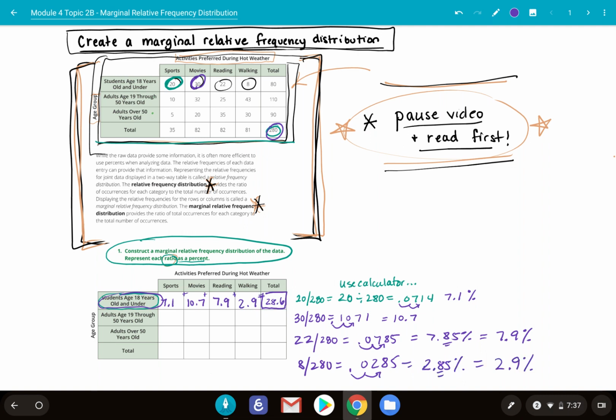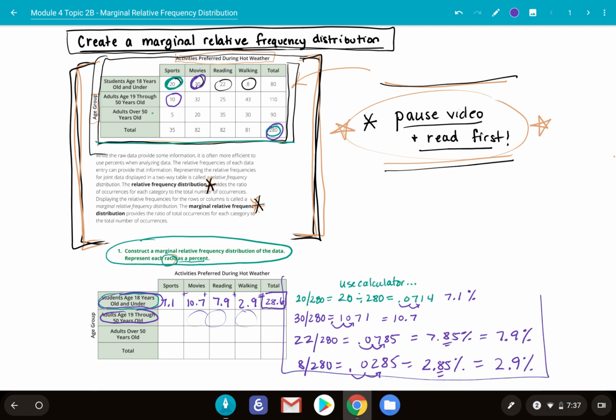And then you're just going to repeat this process for adults age 19 through 50. So you'll just be looking at the data here. So this would be 10 out of 280 converted to a percent, and then 32 out of 280 converted to a percent, and 25 out of 280 converted to a percent, 43 out of 280 converted to a percent.